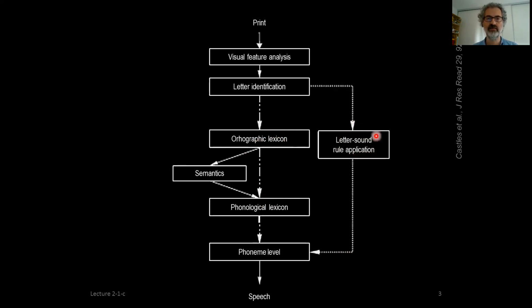Serially means that letters go in here one by one, and as soon as a grapheme is recognized, either a single letter or a letter combination, the corresponding phoneme is identified and sent out to be pronounced, and the next letter comes in, and the same happens again. So although letters are identified simultaneously, in parallel, they're not converted to phonemes simultaneously from this route.